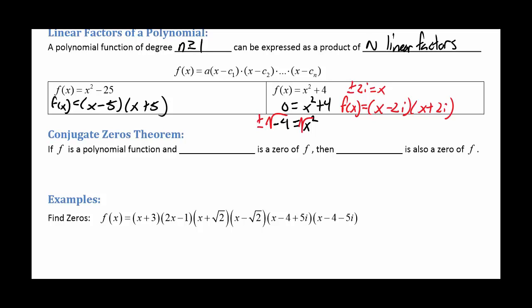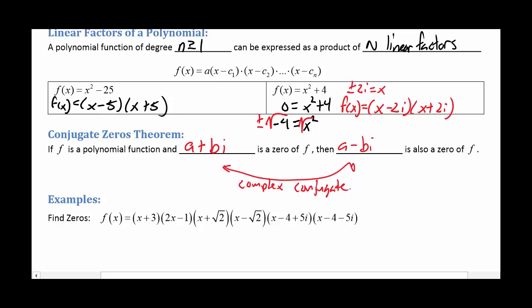So if a polynomial has a complex root a plus bi, then its conjugate, a minus bi, would also be a root of that same polynomial. We have complex conjugate roots. They come in pairs.